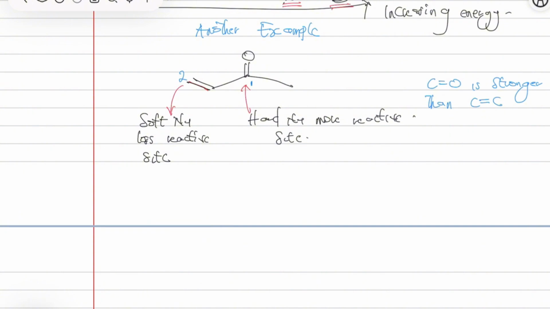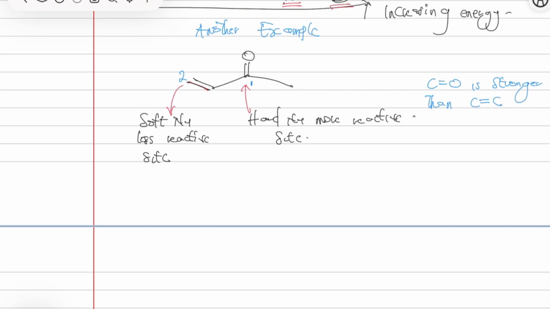For this reason, the hard nucleophile will attack in a region that forms a stronger bond, which is the CO double bond. The CO double bond is regarded as the more reactive side because it is stronger, while the CC double bond is regarded as the less reactive side, and that is the place where the soft nucleophile will attack.